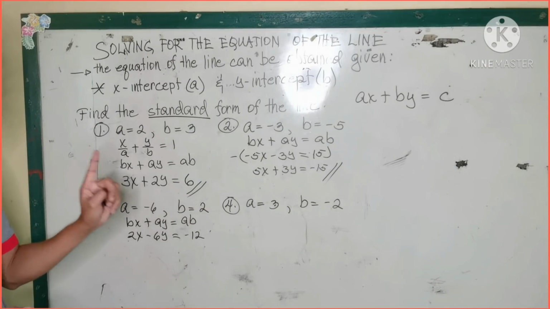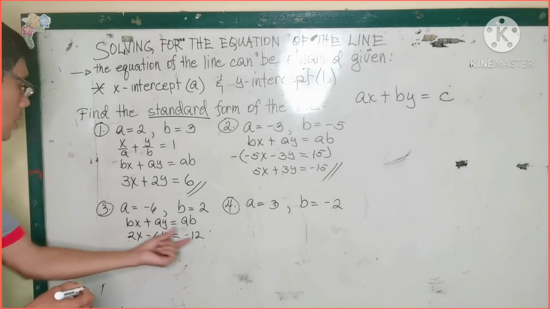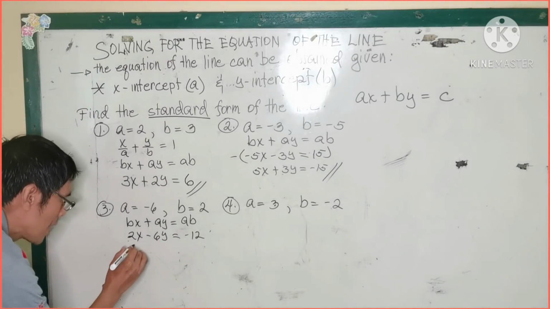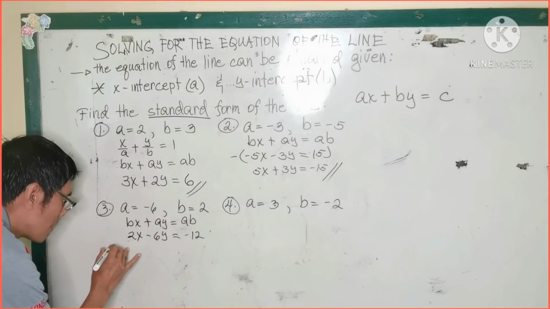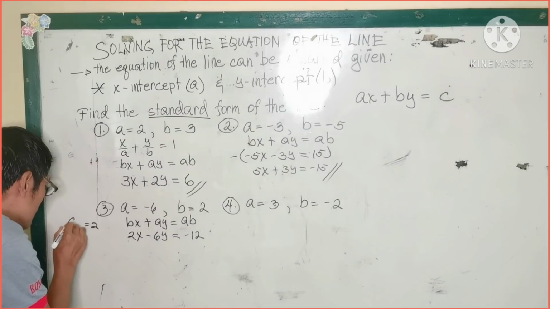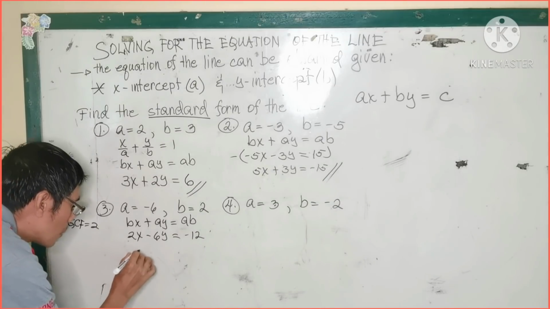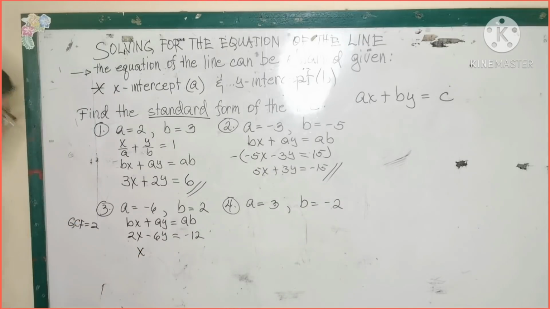That is 2. So, divide this common factor to all the terms, then we may obtain, so 2x divided by 2, 2. This is our GCF. 2x divided by 2, we have x.